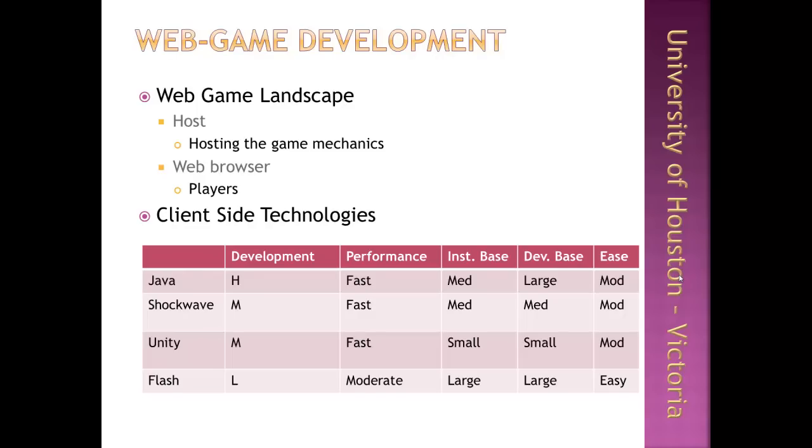We will talk about the client-side technologies that you would see in games that are multiplayer and accessible through the web, and we'll see what kind of technologies are used. If you look at this table here, you would notice that we have four different kinds of technologies used to develop web games, created using different kinds of platforms.